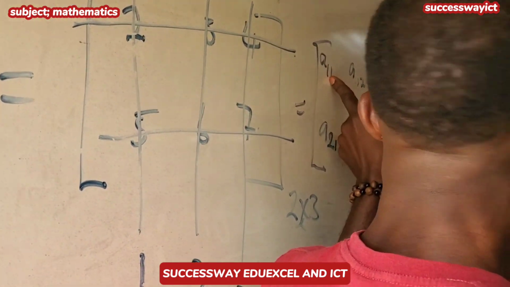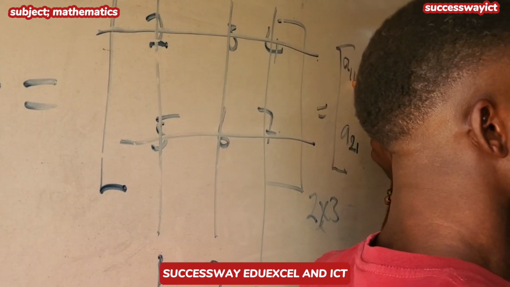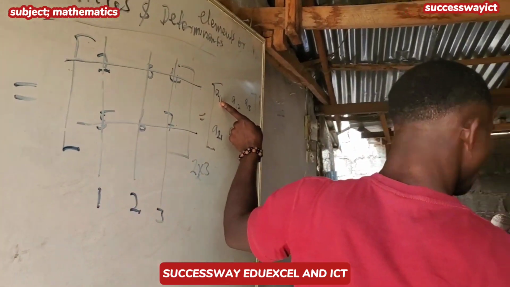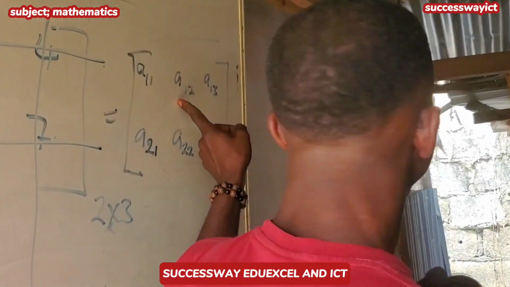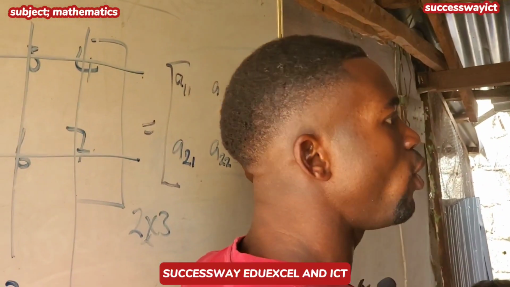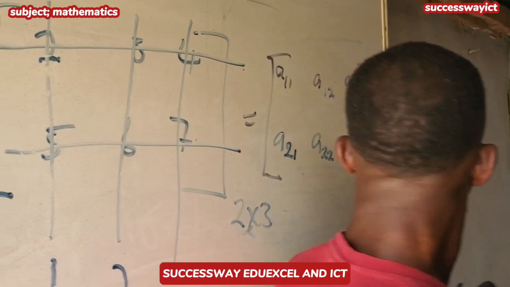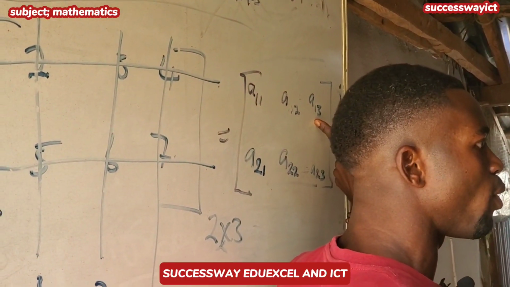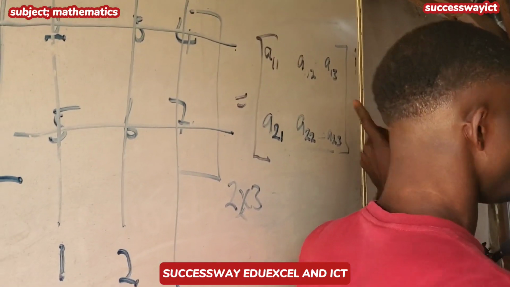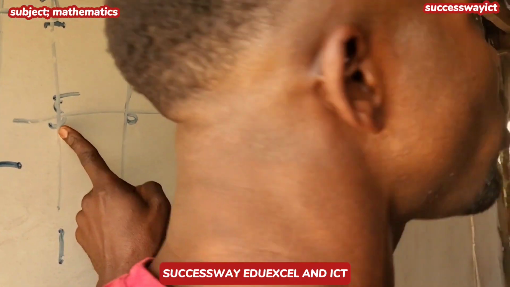This is the first row and first column, the position of element 2. Now we have element 3 here, in the first row, second column. Element number 4 is in the first row, third column.